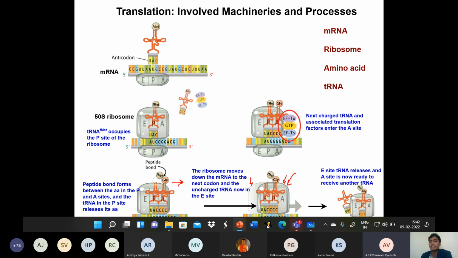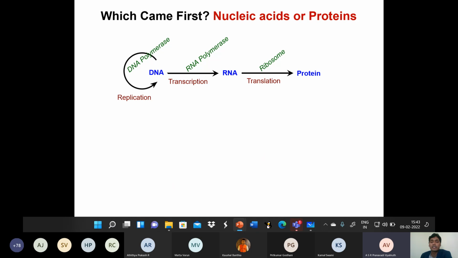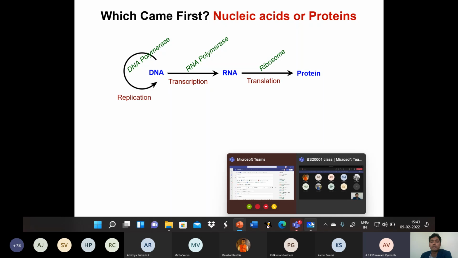By that way, it will add amino acids one after one, and the protein will be synthesized. This is the set of steps involved in the system: replication, then transcription, and then translation, everything summarized in one slide, right?